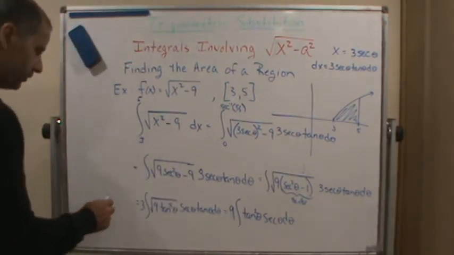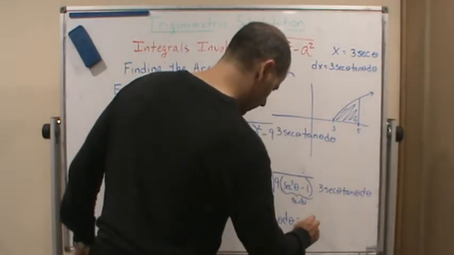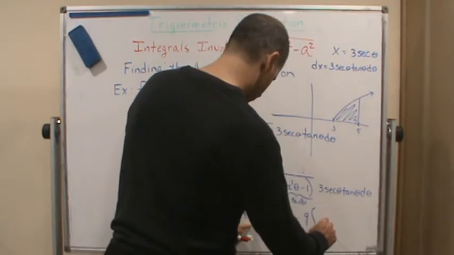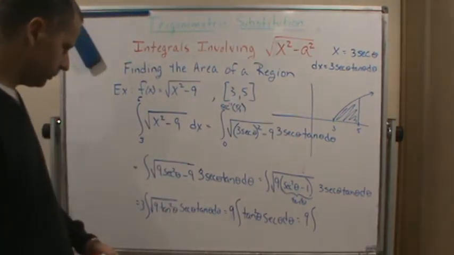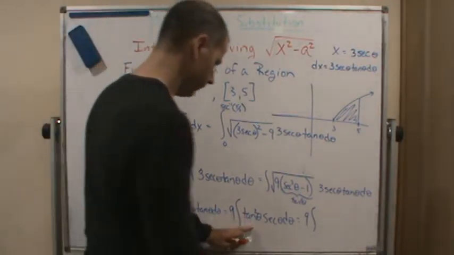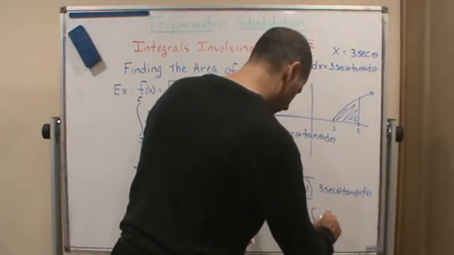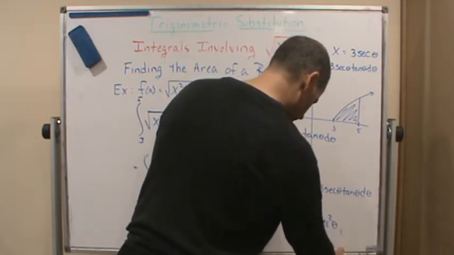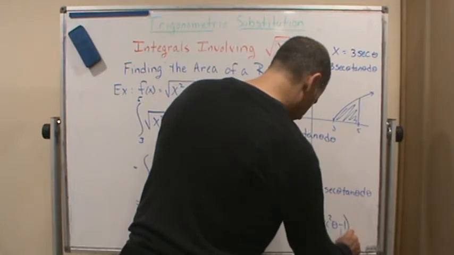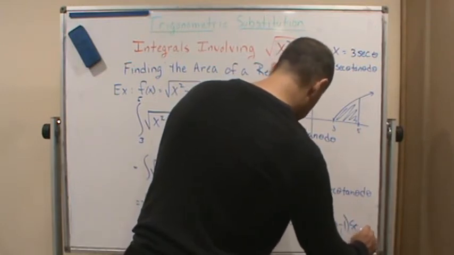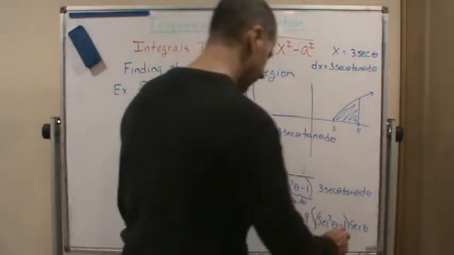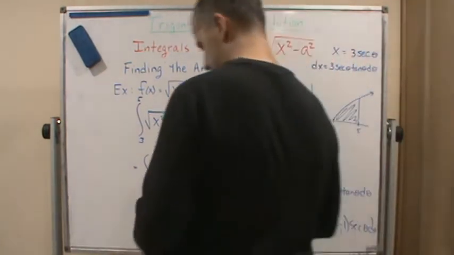So this is going to equal 9 times the integral of secant squared theta minus 1, times secant theta d theta.